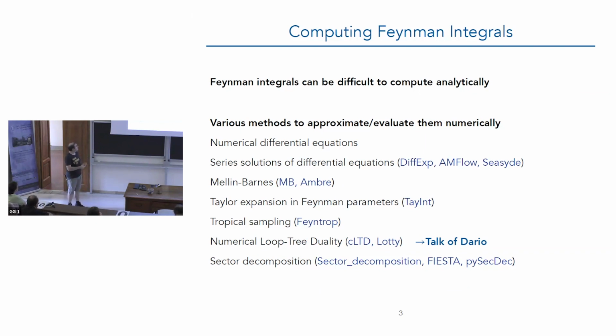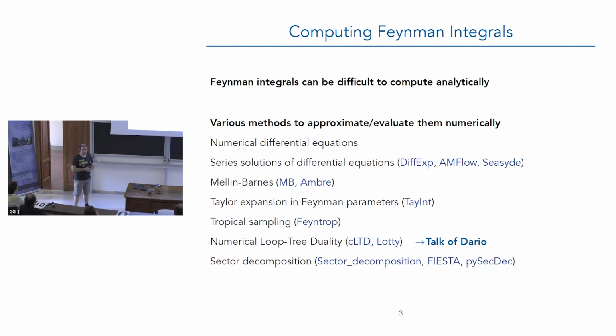Some of the methods include numerical solutions of differential equations, series solutions of differential equations, and there are several public packages that implement this idea. Mellin-Barnes or numerical Mellin-Barnes, again, there are public packages for this idea. Taylor expansion in the Feynman parameters. A slightly newer idea is tropical sampling, FineTrop, and there's a public package for that.